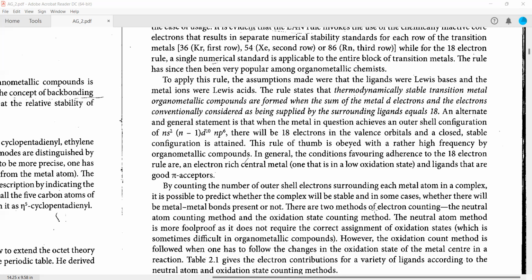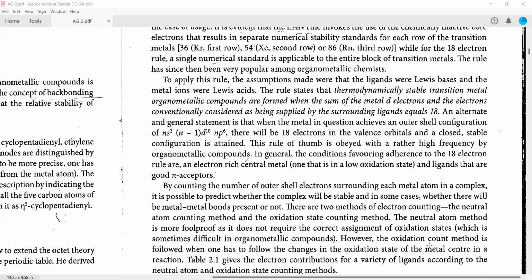The neutral atom method is more foolproof as it does not require the correct assignment of the oxidation state of the metal in a compound. In order to count electrons, you must know how many electrons the metal has on its own. In any metal complex the metal has an oxidation state, but sometimes by looking at the complex you cannot directly tell the oxidation state of the metal. So in that case it is always beneficial to use the neutral atom method, where you consider the metal not as a positively charged entity, but as neutral.